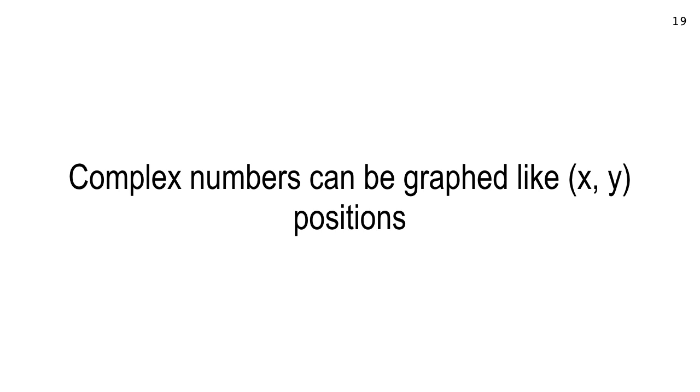You just use it like x and y coordinates. Both of these are at x equals minus 1. Here's 1, here's minus 1, this is 1i, here's minus 1i. So here's your two solutions right here and right here.